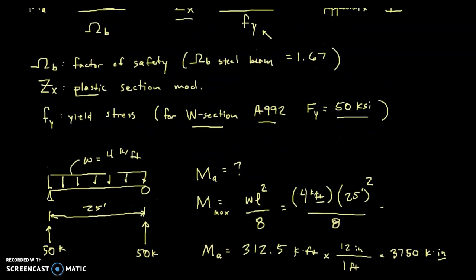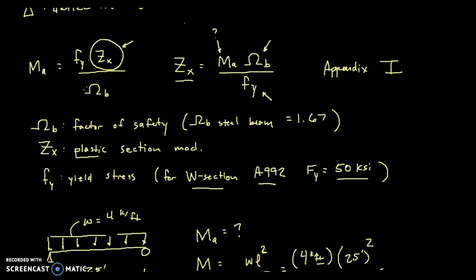So inches are the units I want. That's going to allow me to put that into this equation here, the one that tells us that the required plastic section modulus is equal to the moment times the factor of safety divided by the yield stress.